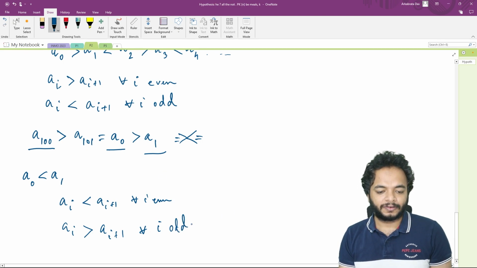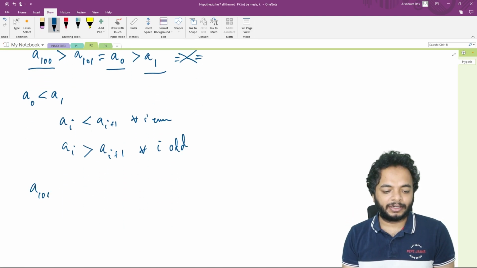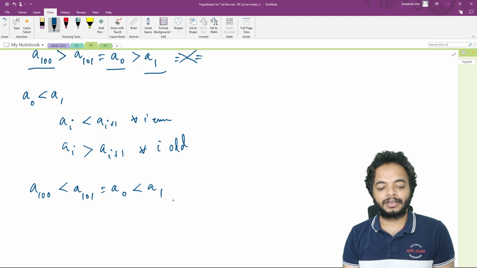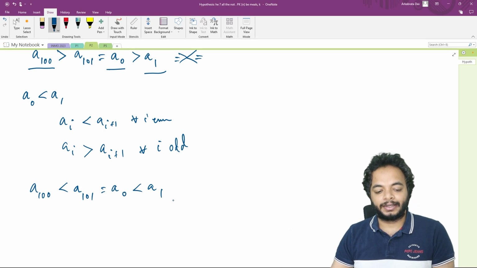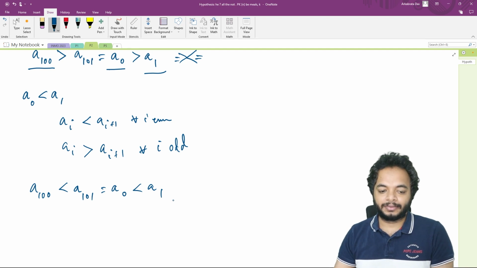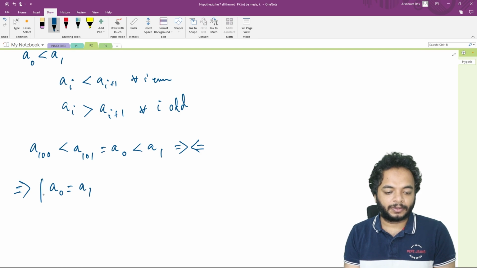Again a100 will be lesser than a101, and a101 is a0, and a0 is lesser than a1, so all these a100, a0 and a1 are in an increasing order, so that can't happen, and again we have a contradiction, and thus we prove that a0 has to be equal to a1.